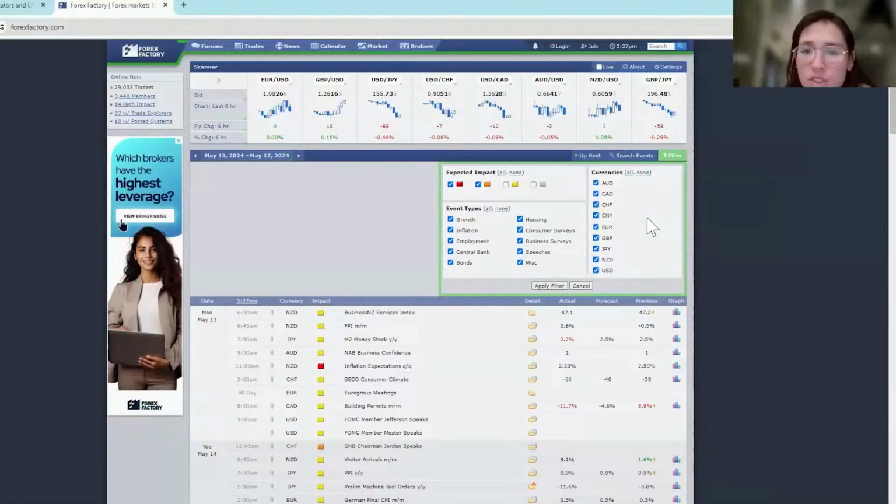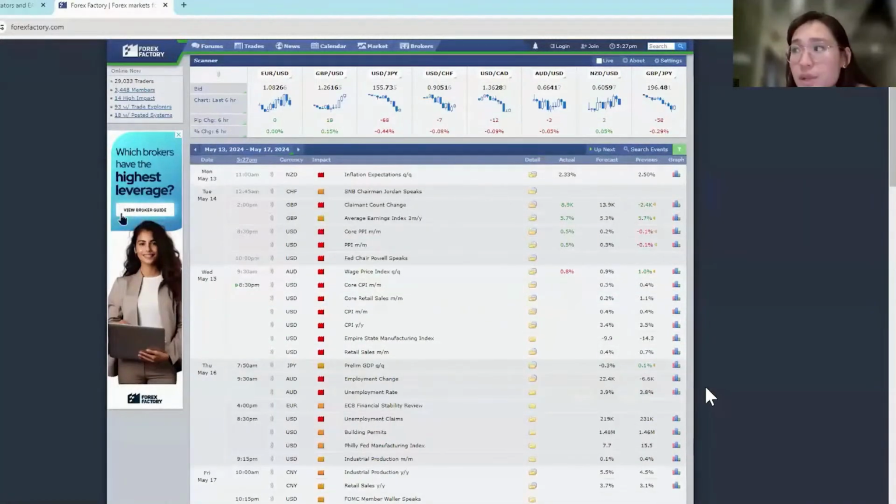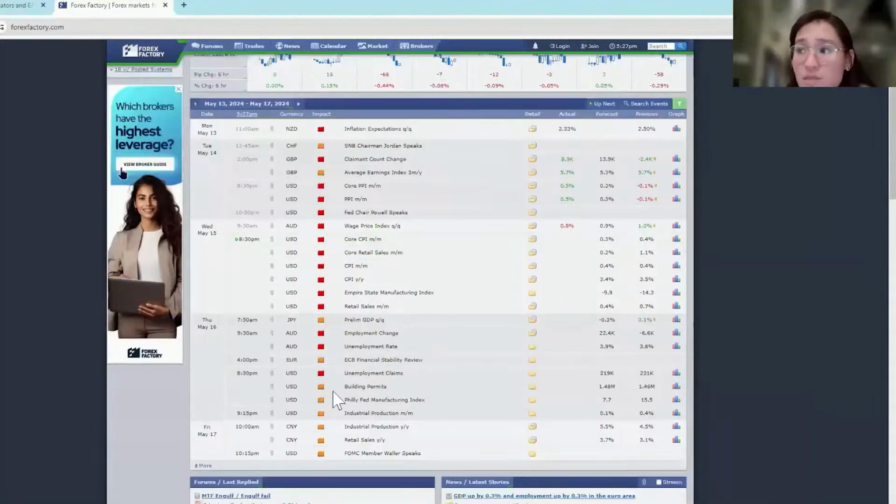You can narrow it down to just the currencies that you're trading and the different event types as well. So yeah, then we have all of the events for the upcoming week at one glance and the currencies that they will be impacting, the forecasted values, previous values, and it also tells you the actual data once it's released.